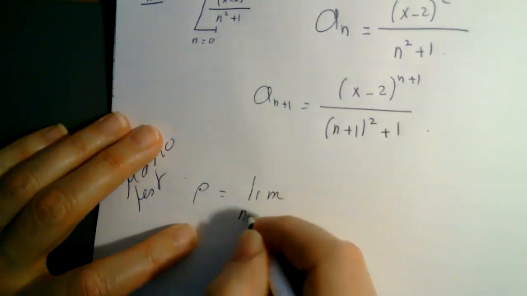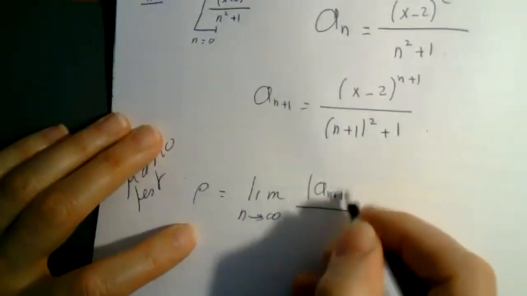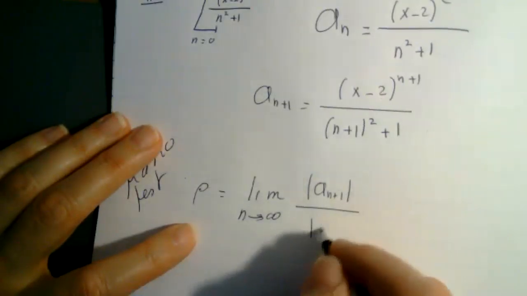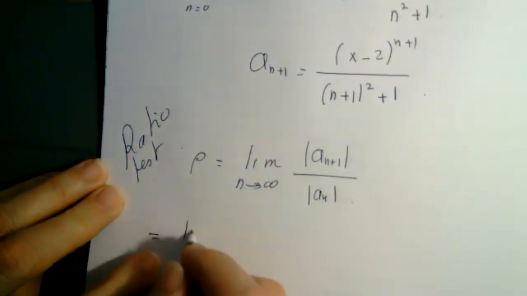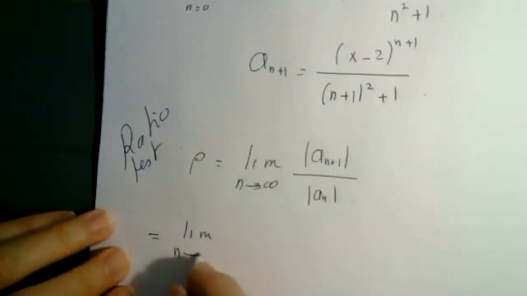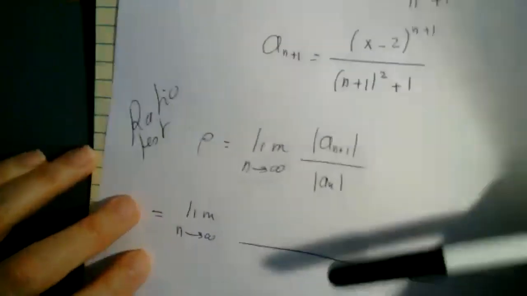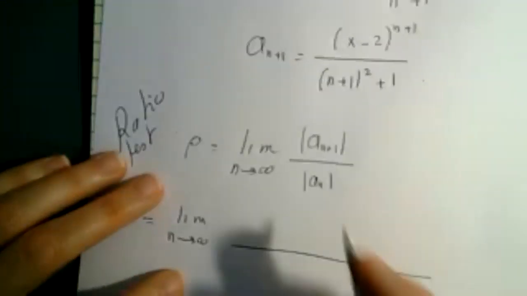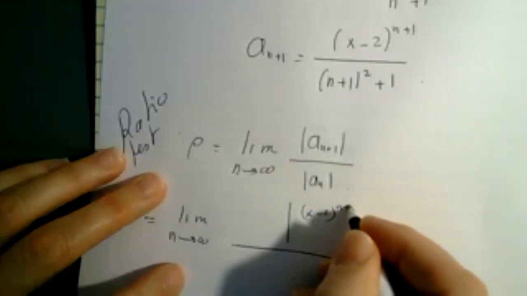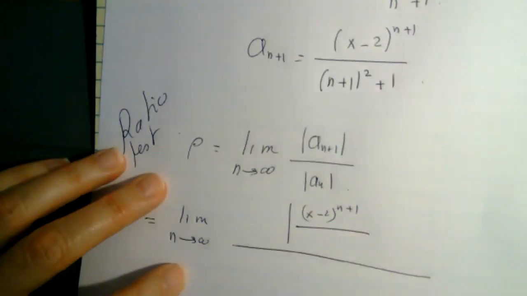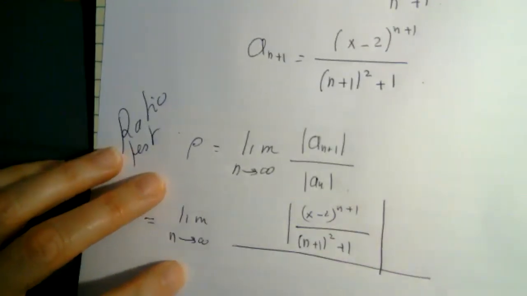That's the limit as n tends to infinity of the absolute value of an plus 1 over the absolute value of an. So this is going to be equal to the limit as n tends to infinity of, okay, what's an plus 1? an plus 1 is the following: (x minus 2) to the n plus 1 over (n plus 1) squared plus 1.